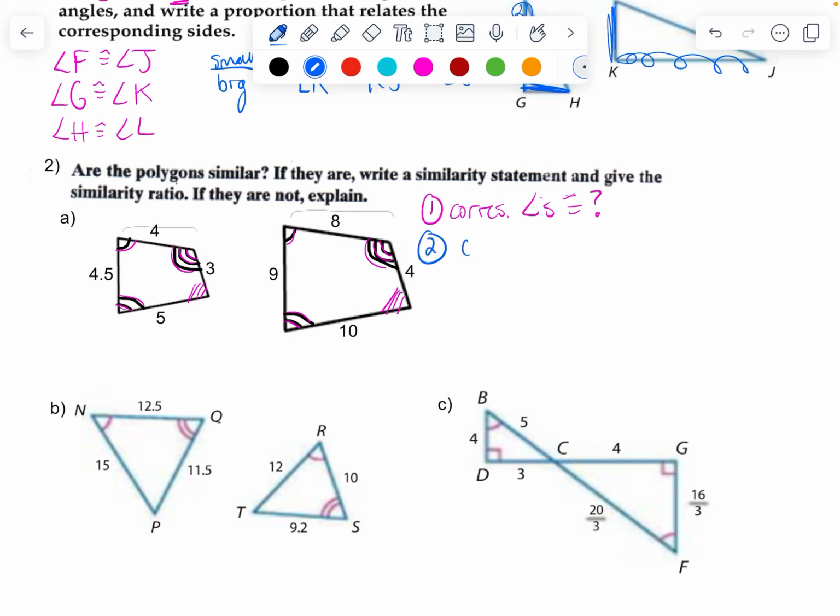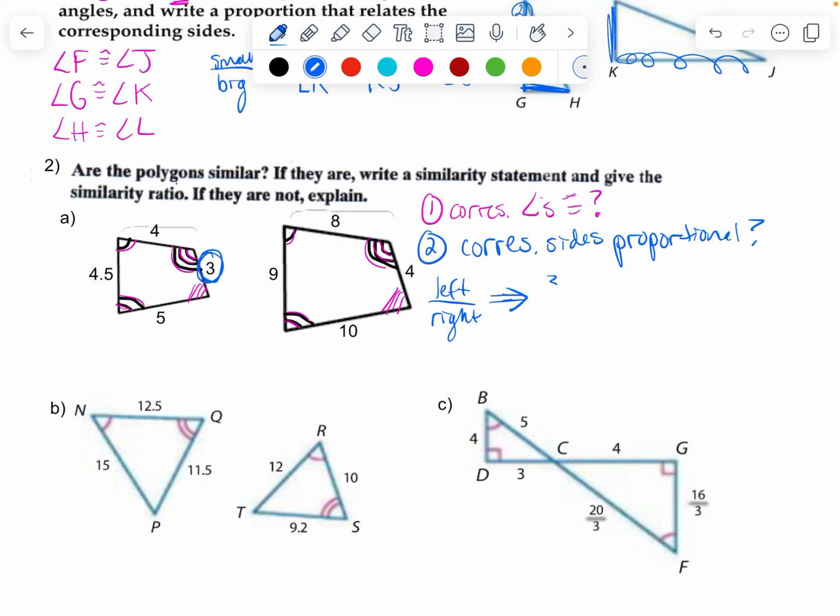Second is you do corresponding sides proportional. So what you do is get a system down. I'm going to go left to right. And I'm going to check some sides.